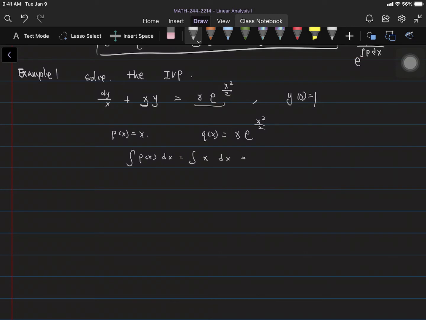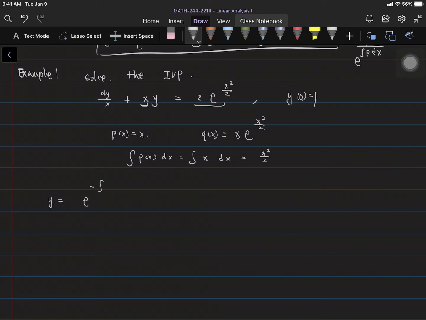Plug in P(x), which is x dx, which is x squared over 2. You don't need to add the c here. So our formula equals what? Let's see. Our formula equals e to the negative of that one.